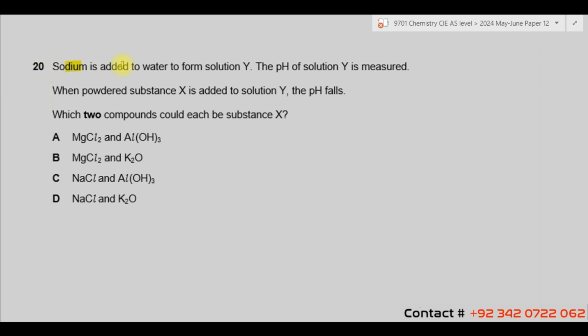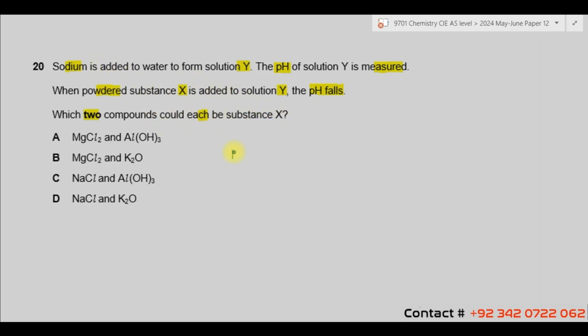Question 20. Sodium is added to water to form solution Y. The pH of solution Y is measured. When powdered substance X is added to solution Y, the pH falls. Which two compounds could each be substance X? Let's see what happens.